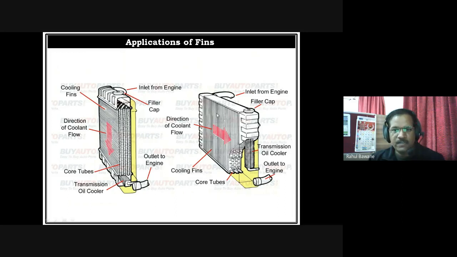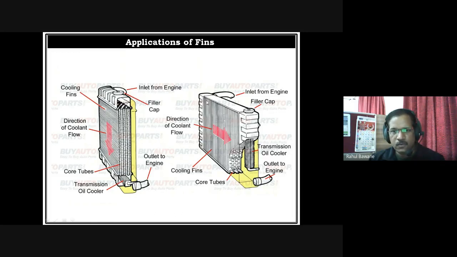The second type of radiator is where we use a circulating pump. In this, we use pressure to make the fluid flow in a horizontal direction. So hot fluid comes into this left side tank, then flows horizontally and reaches the right side header.